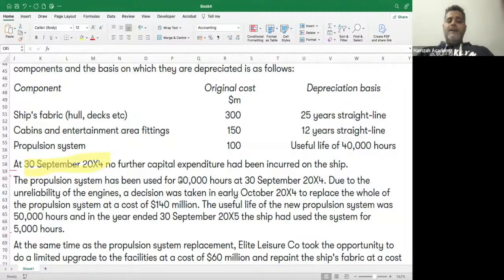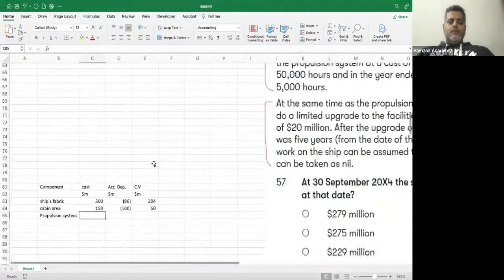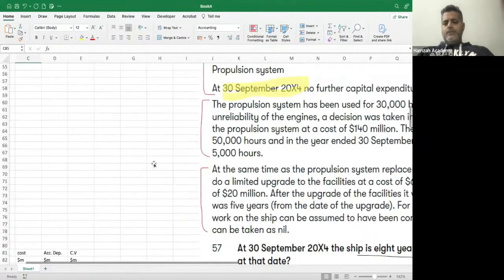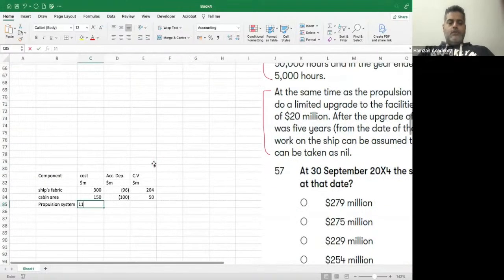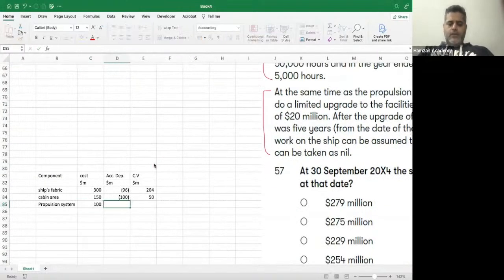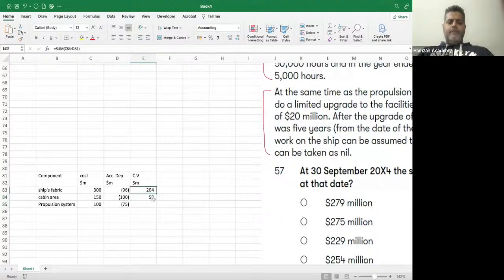So we have an expired life of 30,000. The cost was 100 million. And now look, 100 by 40 into 30. 40,000 and 30,000, 40 by 30, it's going to be the same. So if I do so, I get 75 million over here. Now, if I drag it down, I get 25 million.